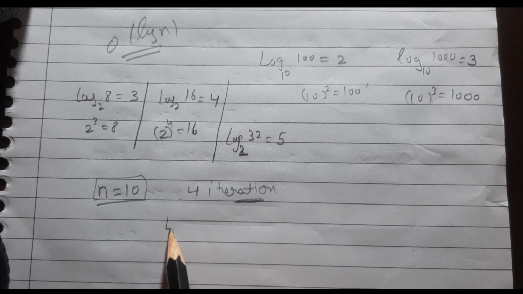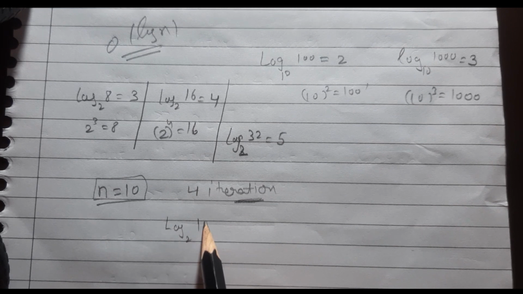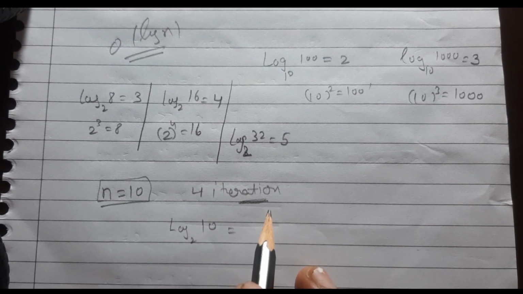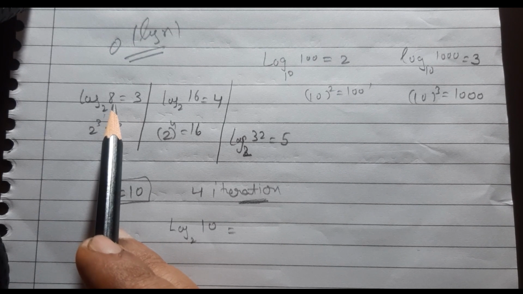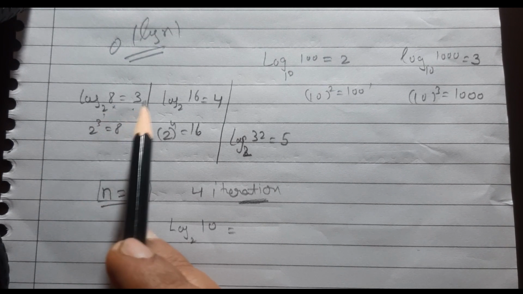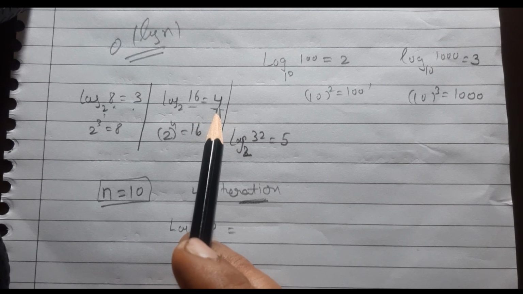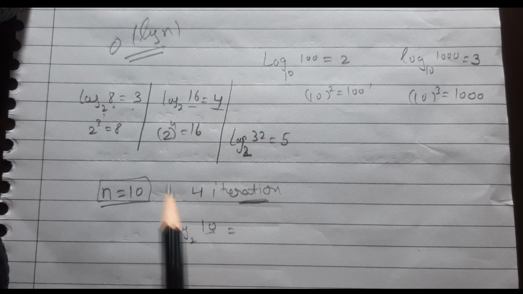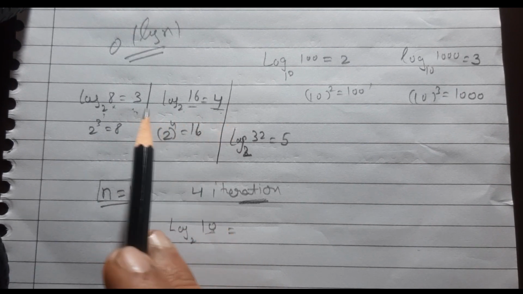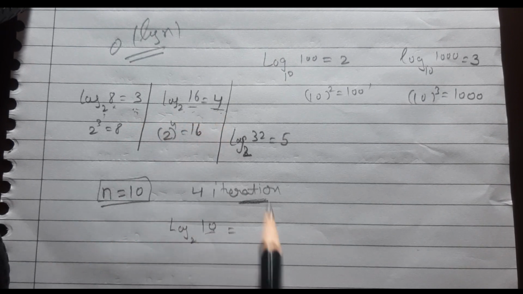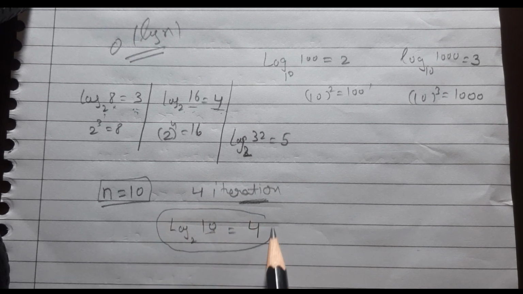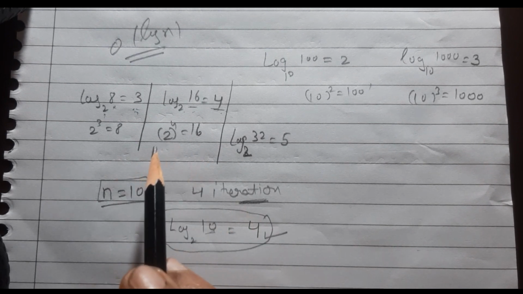Now log base 2 of 8 is 3, and log base 2 of 16 is 4. Log base 2 of 10 is in the middle of 3 to 4, and we take the ceil value.